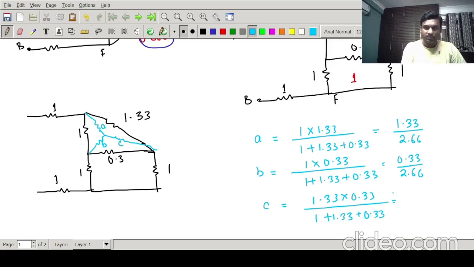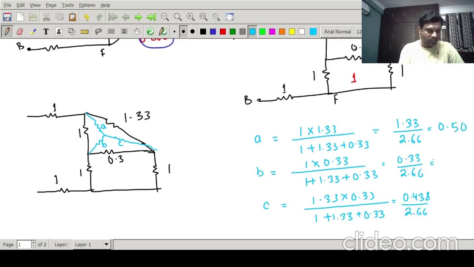Remember, when you solve this type of numerical, always use your calculator. So I will get 0.438 divided by 2.66. So by solving this, I will get 1.33 divided by 2.66, around 0.50.